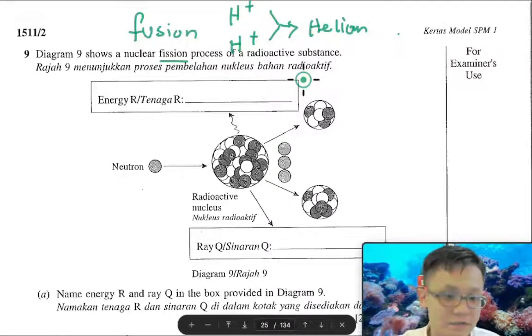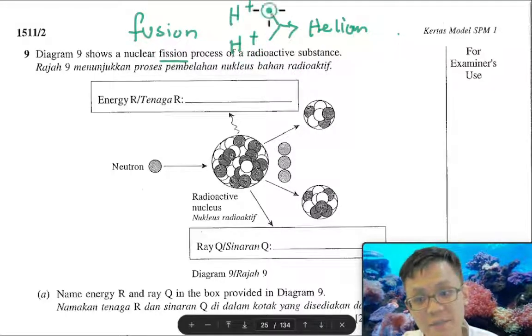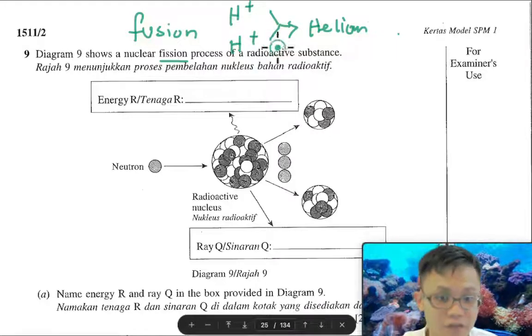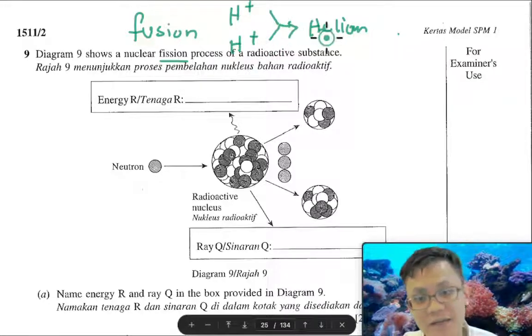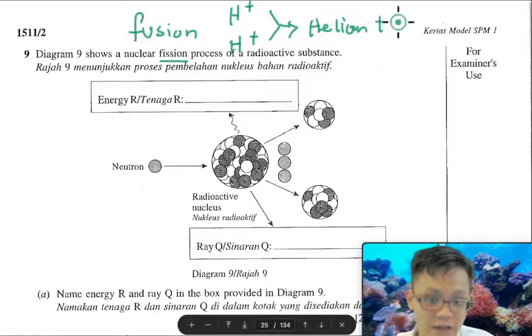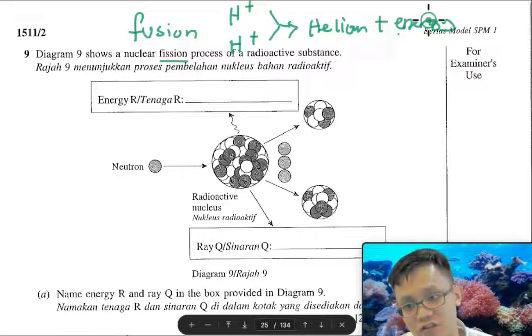But in the sun, due to the massive gravity and density, it is able to pull hydrogen atoms to fuse together into a helium atom, and while doing this it releases a lot of energy. So we have all the light energy from the fusion of the sun.